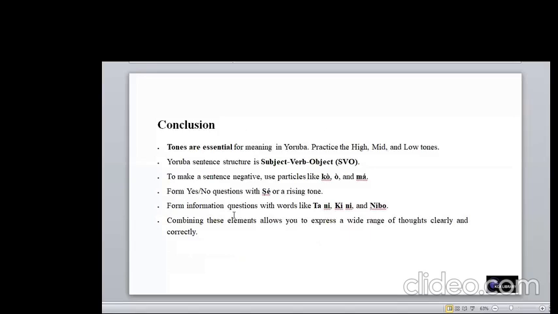Form yes and no questions with ṣé or a rising tone. And form information questions with words like tani, kini, nibo. Lastly, combining these elements allows you to express a wide range of thoughts clearly and correctly.